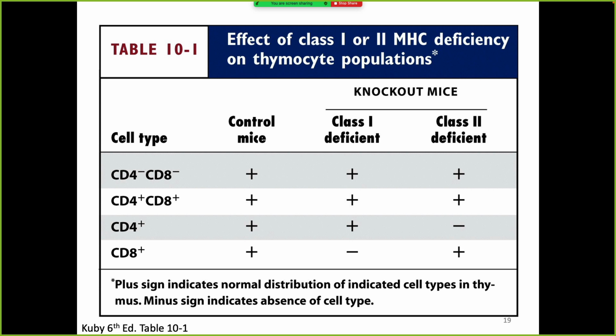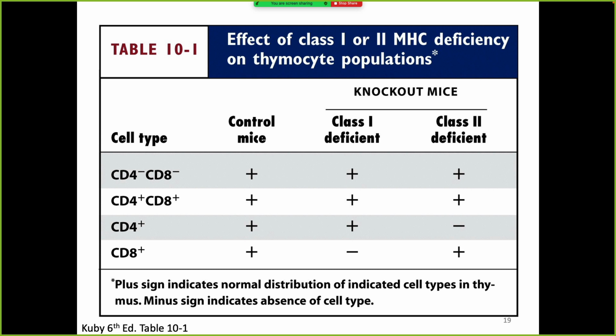But when they did experiments like this, they found out that you could have a double positive and not have single positives. And so that said, well, single positives must come after double positives, because you still get the double positives.